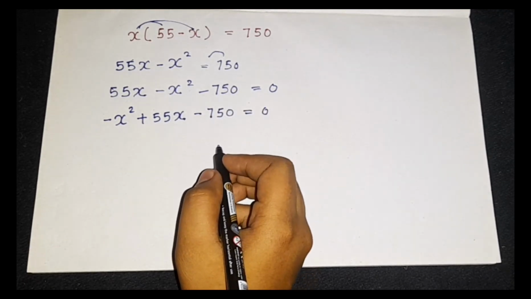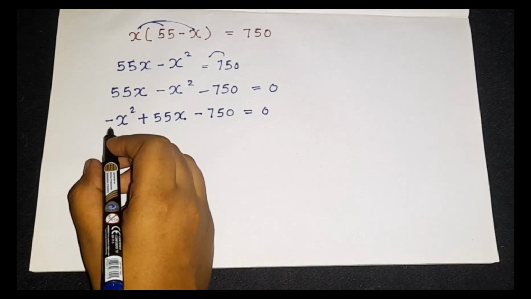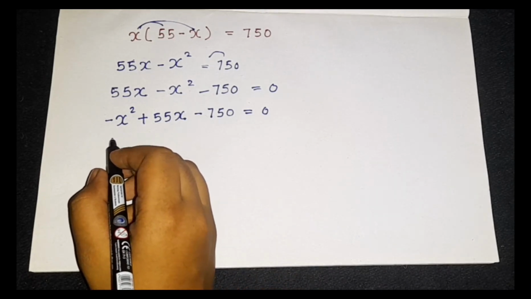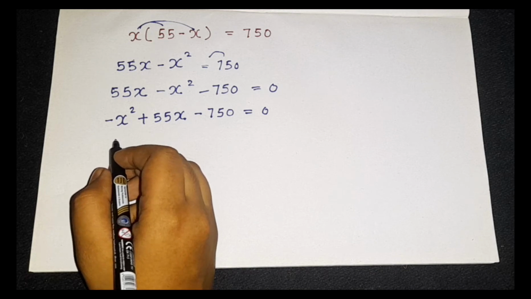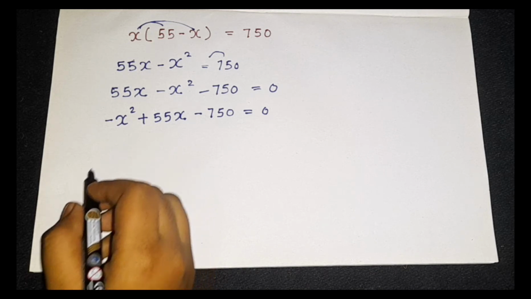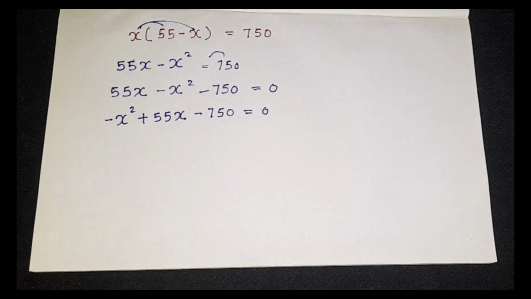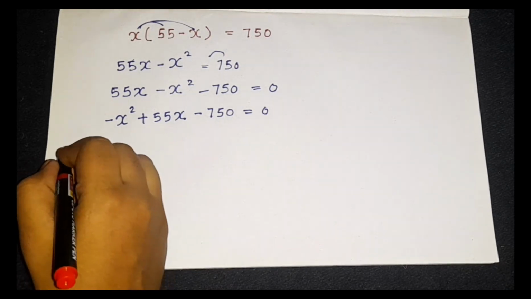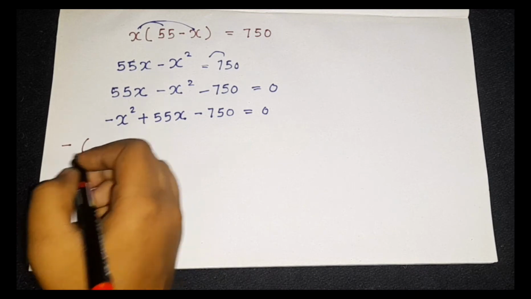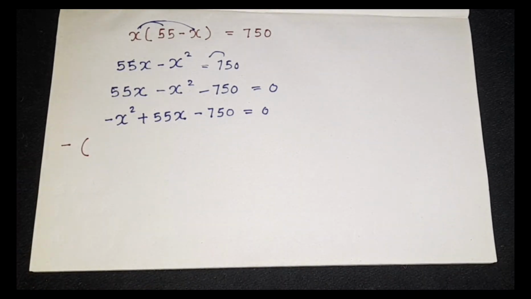But here when you look at it, we have a minus sign at first. Of course you know in the quadratic equation we should not have the minus sign at first, am I right? So we are going to be taking minus as common, and whatever we write now, we are just multiplying the signs.